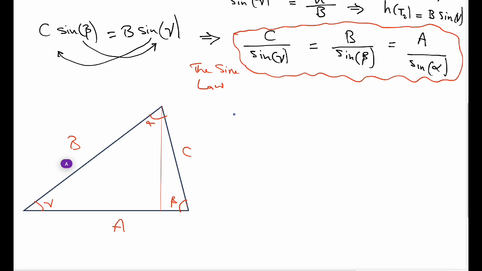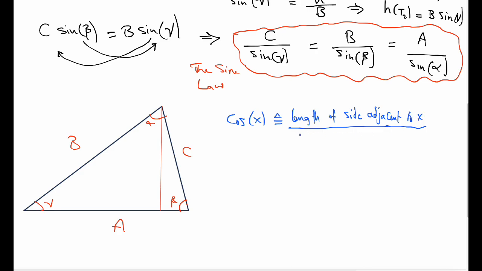Let's first start with defining the cosine. We know that the cosine of any angle x in the right triangle is defined as the ratio of the length of the side adjacent to x divided by the length of the hypotenuse of the triangle.